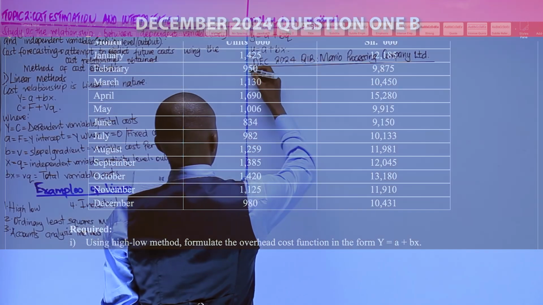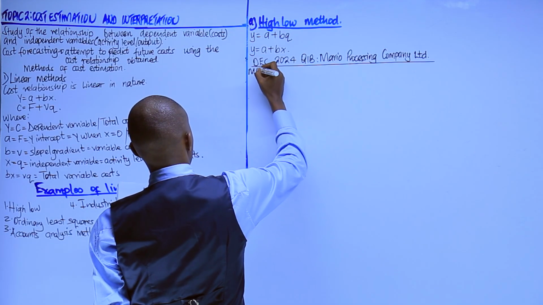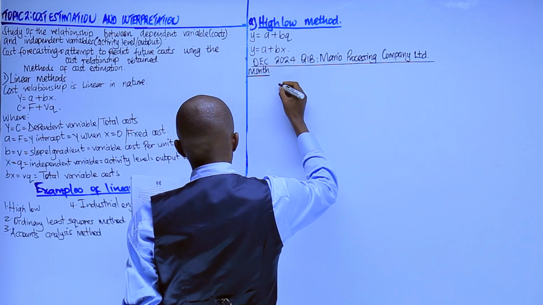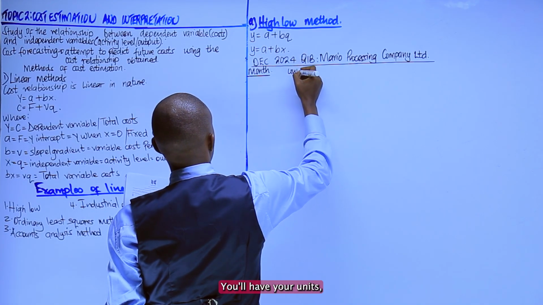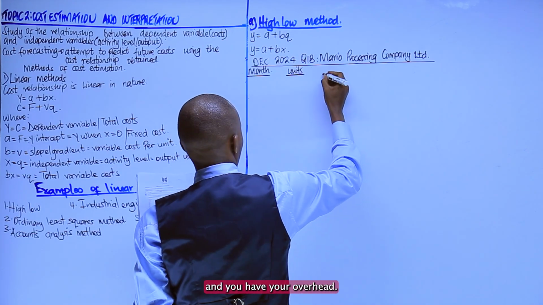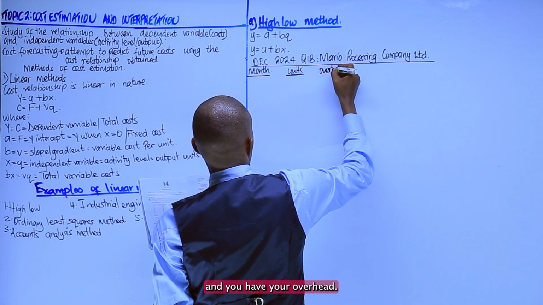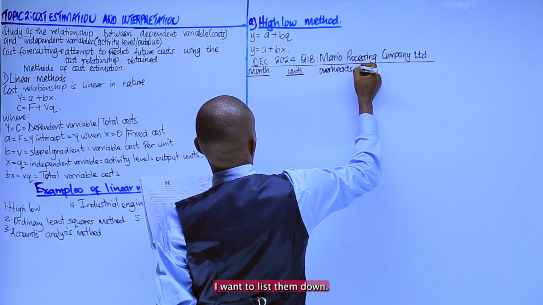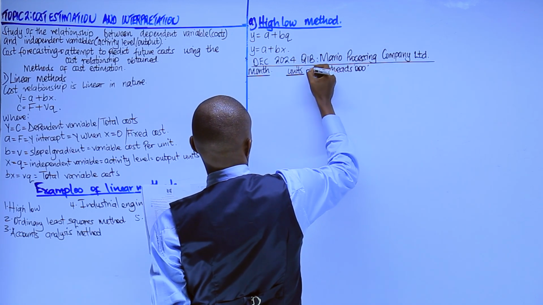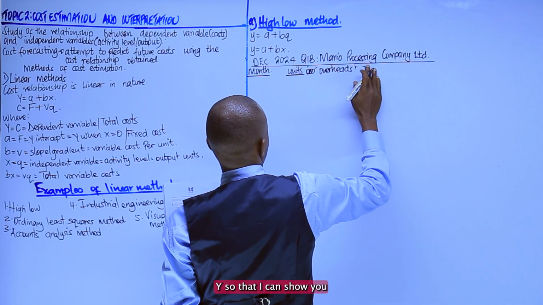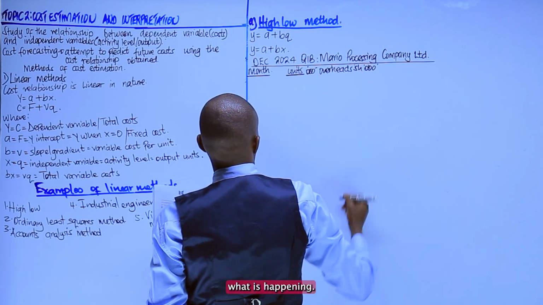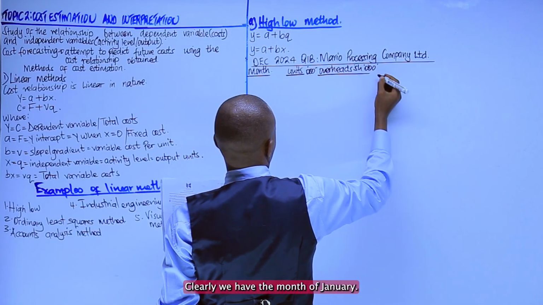Let me start by listing down all these costs. We'll have the month, you have your units, and you have your overheads. I want to list them down so that I can show you what is happening clearly.